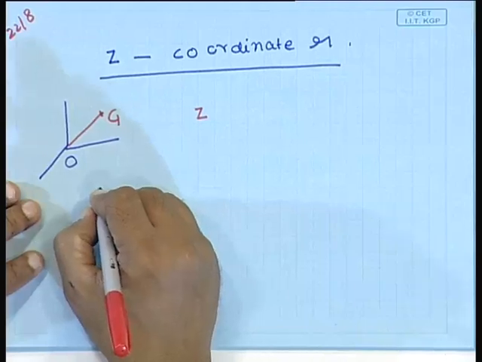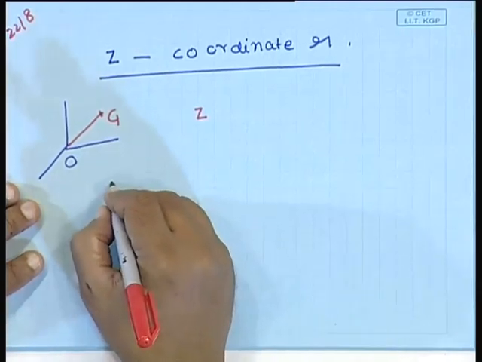Along this null geodesic, let me put the problem this way.